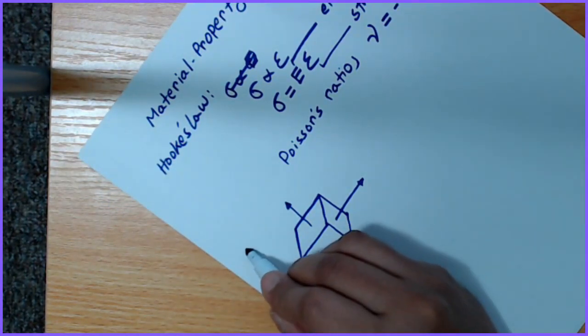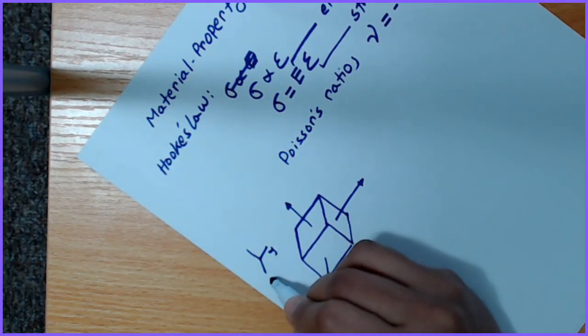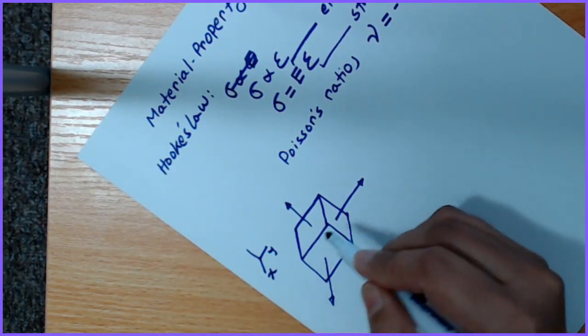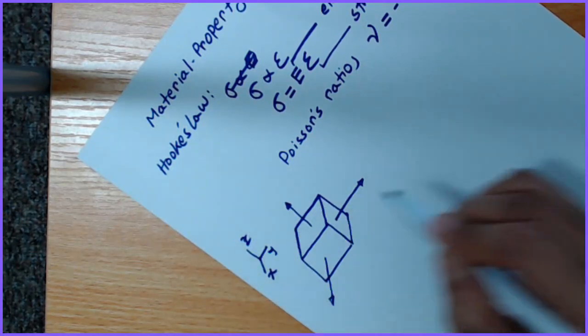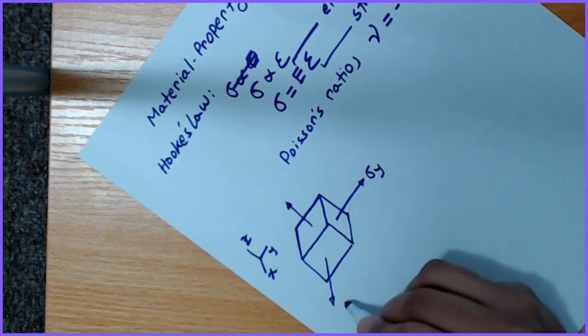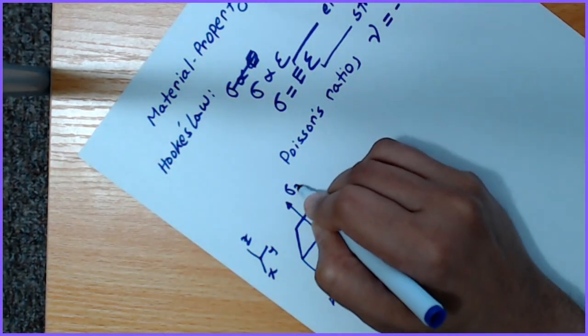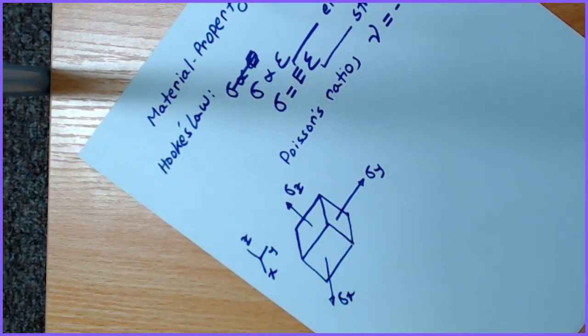If this is my y coordinate, this is x coordinate, and this is z coordinate, then this is sigma y, this is sigma x, and this is sigma z.